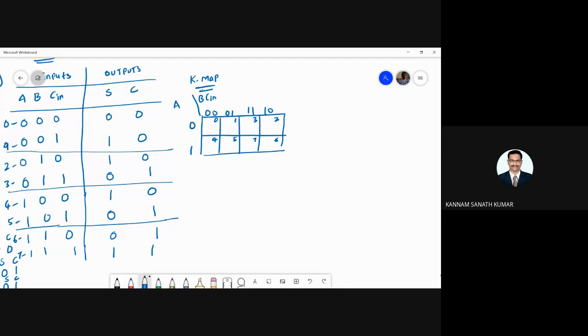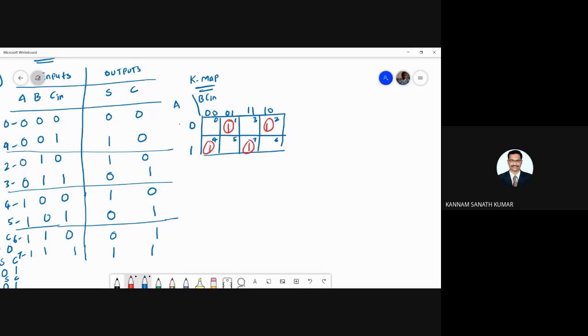So wherever you have 1, you have to write it. So in cell 1 you have 1, and cell 2 you have 1, and cell 4 you have 1, and cell 7 you have 1. Okay. That means no quad or no pair will happen. Only you can combine single ones.